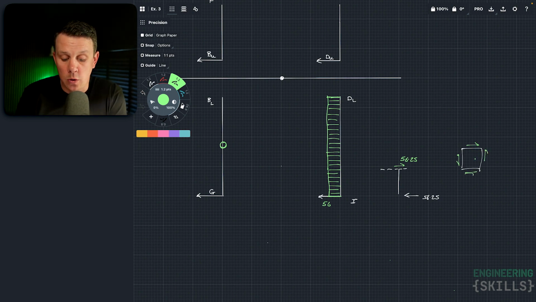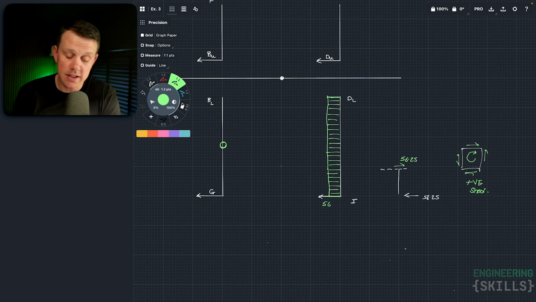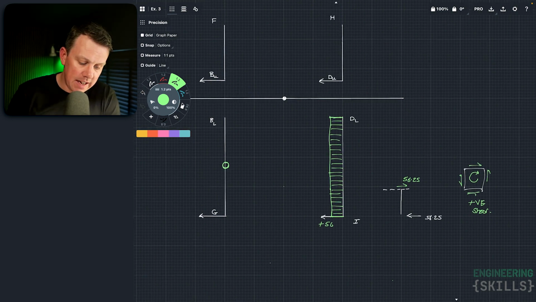And now we know that shears in those directions on the element would generate a clockwise rotation, and based on our deformation sign convention that we defined previously, we would know that that is a positive shear. And of course that ties in nicely with our convention for tracing the loads across this column from bottom to top with positive shears to the left hand side of the column, because this is a positive shear. So that's that element dealt with.